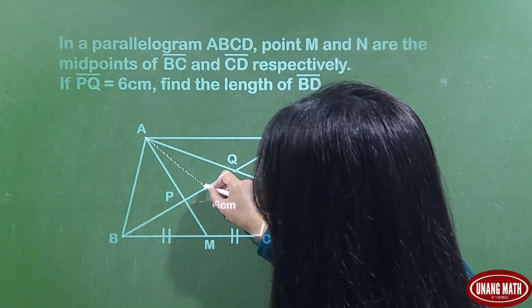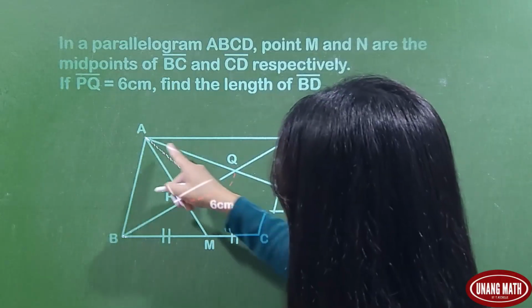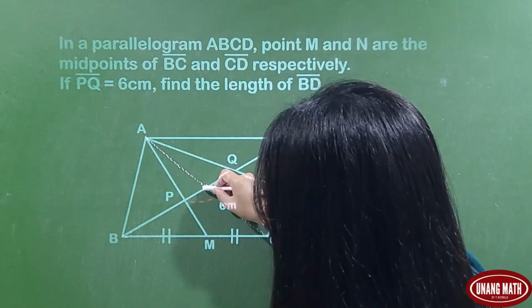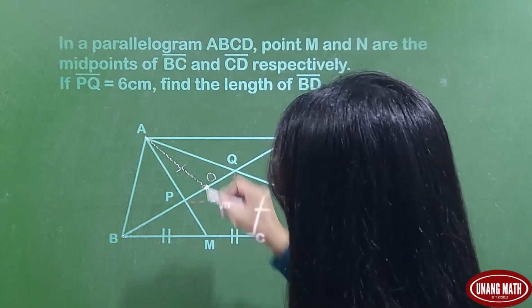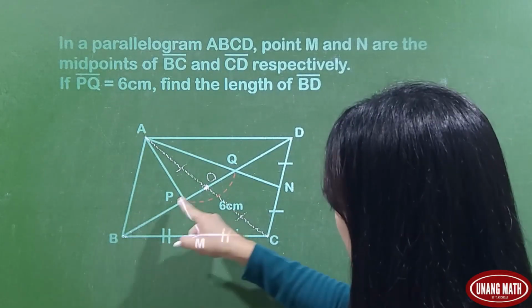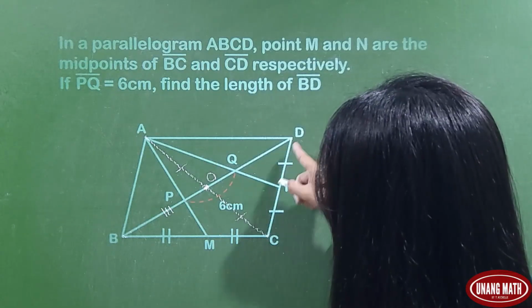So this is the midpoint of segment BD and segment AC. Let's name this point O. So segment AO is the same length as segment OC. Segment BO is the same length as segment OD.